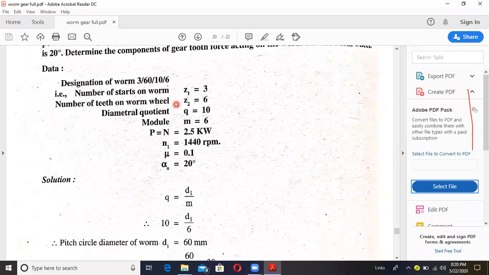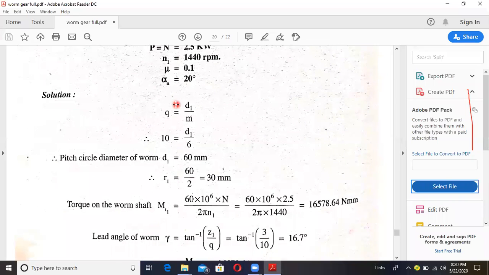In the question they have not given the diameters of the worm and the worm wheel, so we calculate the diameter by using the formula q is equal to d1 by m. q and m are given in the question, so we calculate d1. We get d1 is equal to 60 mm, that is the pitch circle diameter of the worm. Then calculate r1, the radius, that is 30 mm.